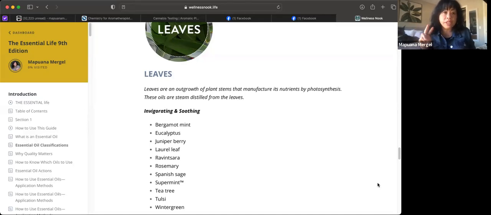Those two are not available for purchase regularly, but they do become available during certain months on promotion. They're 5 ml bottles. They are both found in our blend Breathe, laurel leaf and ravensara. Then you have rosemary, Spanish sage, supermint, tea tree, tulsi, and wintergreen.